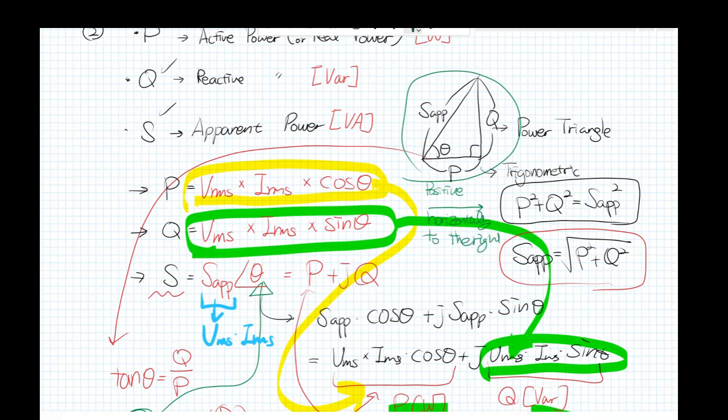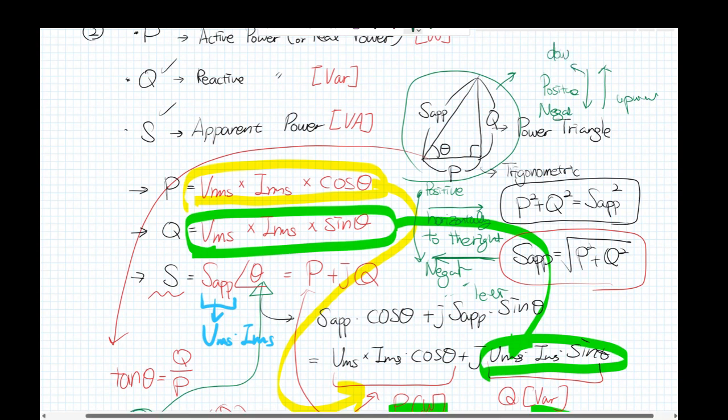But negative is horizontally to the left. Okay. Like this one. Okay. Same thing. The Q, for the positive, the Q is upward. Okay. But the negative is downward. Okay. That is very important when you're drawing.